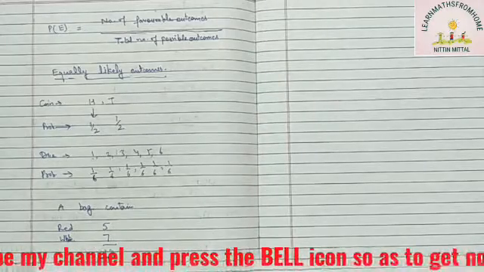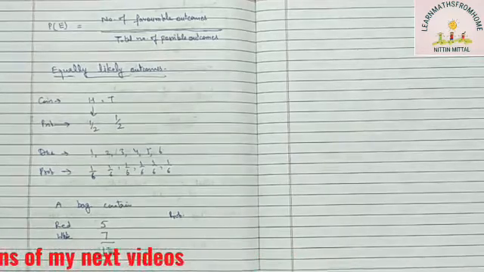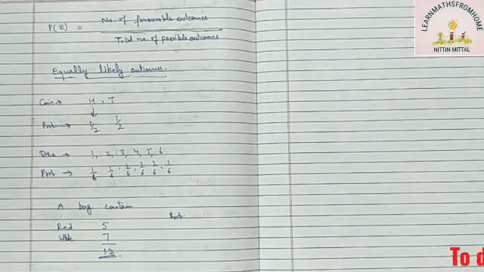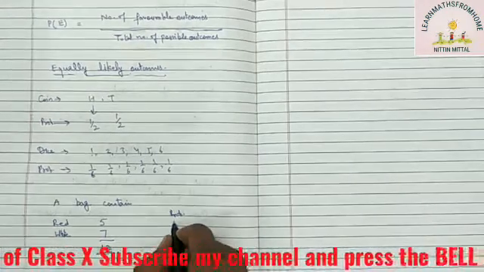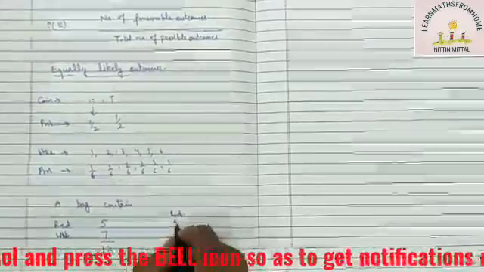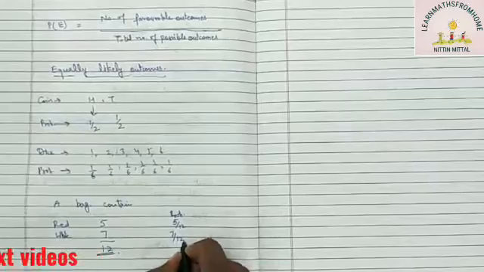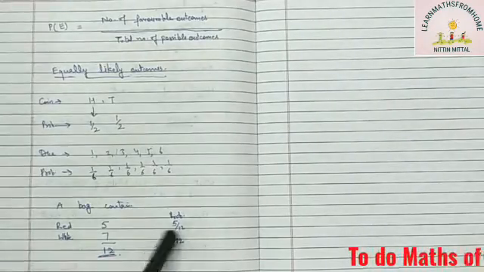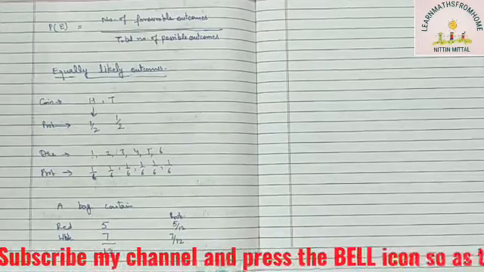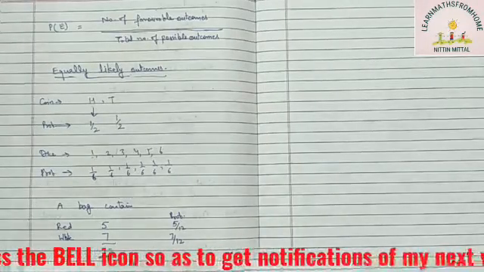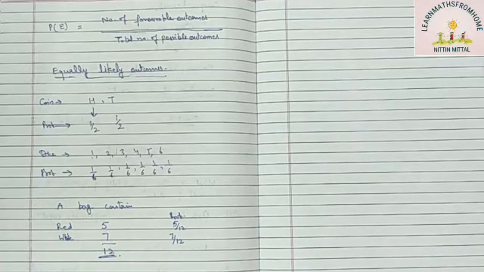If I randomly pick a ball without looking inside the bag, what is the probability of getting a red ball? Number of favorable outcomes 5 over total number of possible outcomes 12. And in case of a white ball it will be 7 by 12. So here you see the probabilities won't be the same. As white balls are more in number, the probability of a white ball will be bigger compared to the probability of a red ball.